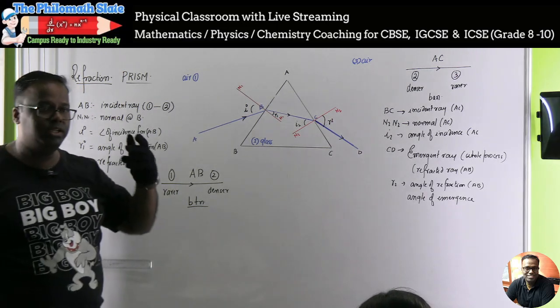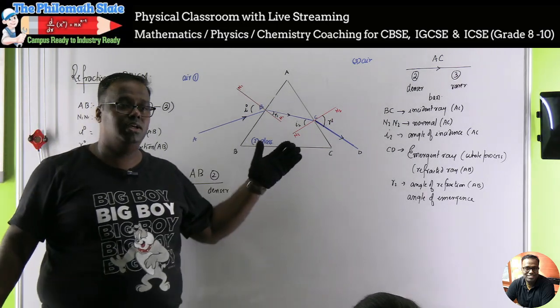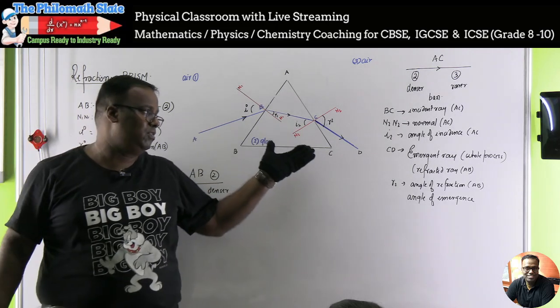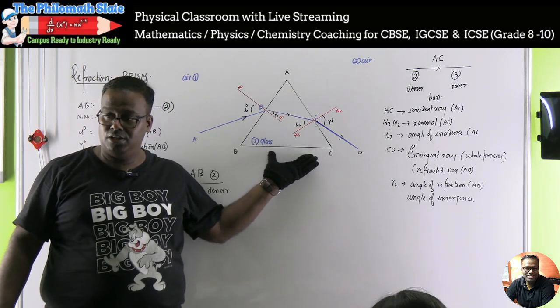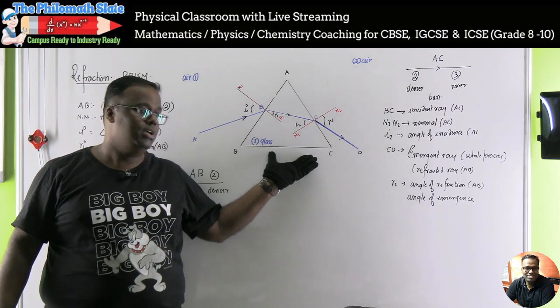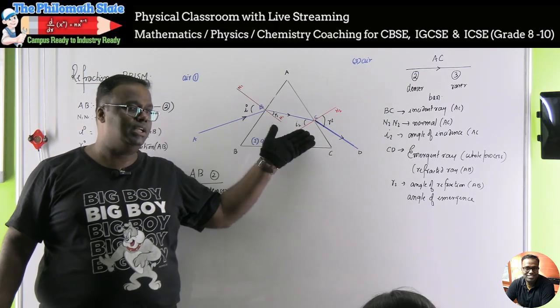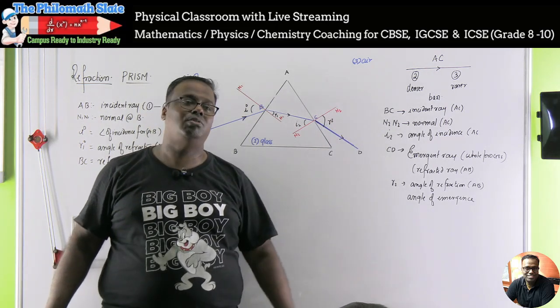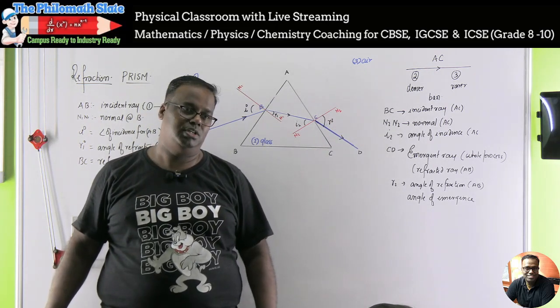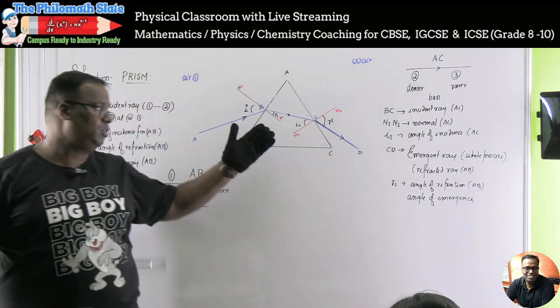Yes. Now one thing different, if you see when we started to do this diagram for a rectangular slab, we used to find that the final emergent ray used to be parallel to the incident ray, and what we calculated used to be a lateral shift. Here it will not be parallel.